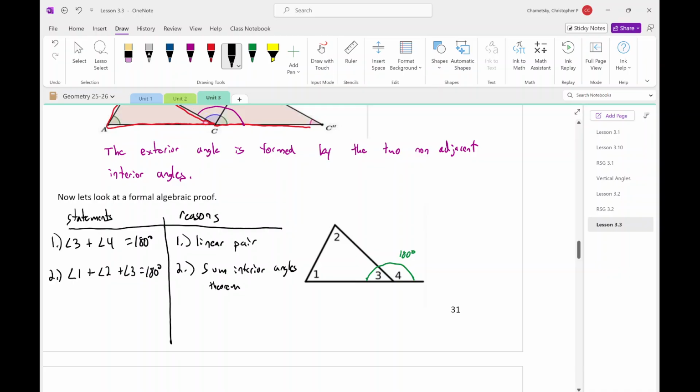Okay. All right, I have two statements that equal 180 degrees. So let's set those two statements equal to each other. We'll do a substitution. So angle 3 plus angle 4 equals angle 1 plus angle 2 plus angle 3. Just a substitution.